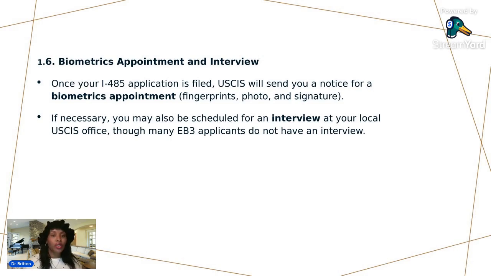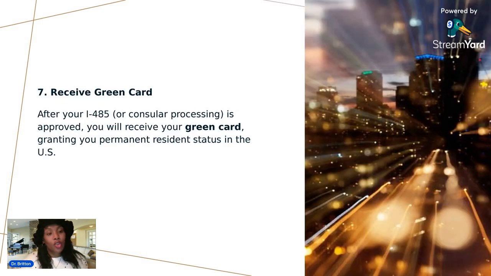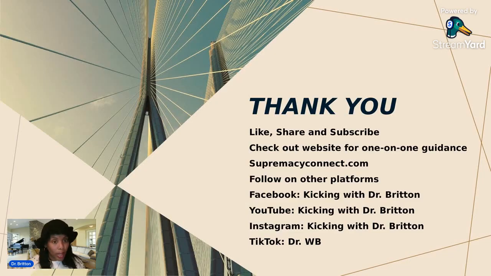So if there is any issue with your I-140, your employer has to reach out, or the lawyer. Once the I-140 is approved, then you can call and query about your I-485, that's your adjustment of status, because that's now on you. All right. So once everything is looking good, you will get an approval, and you will receive your green card, and you'll be on your merry way.